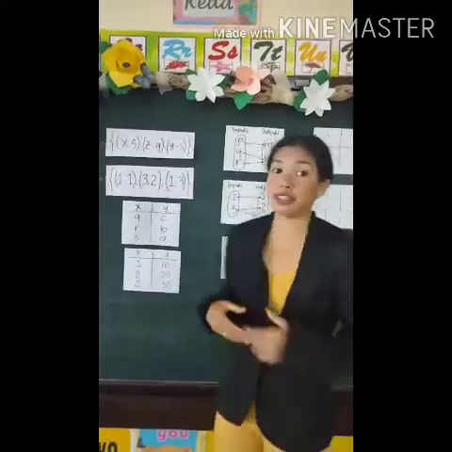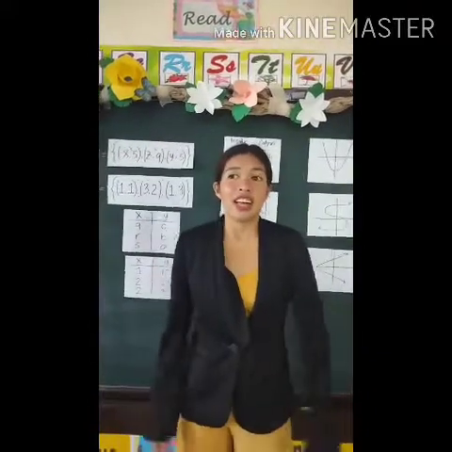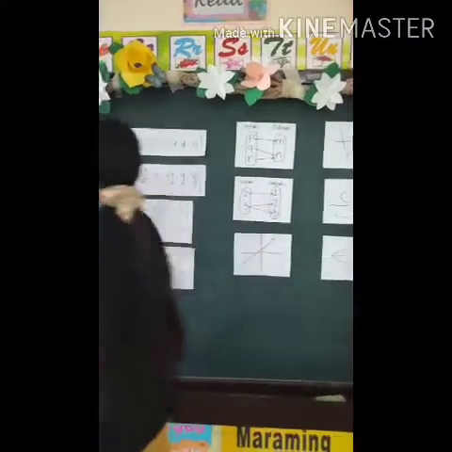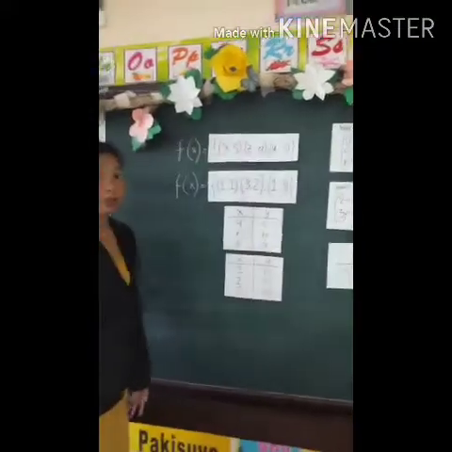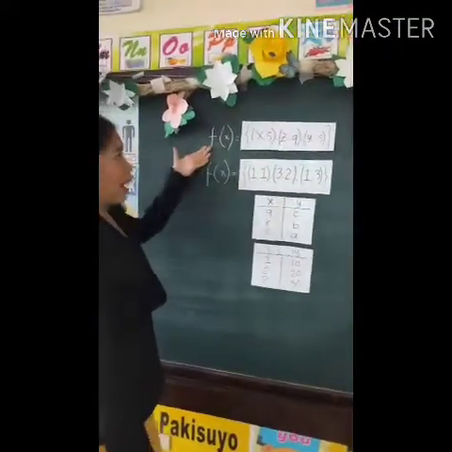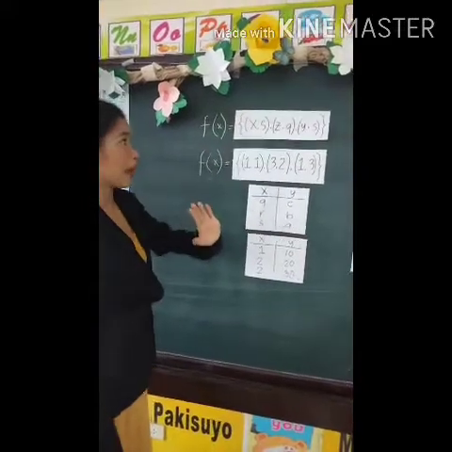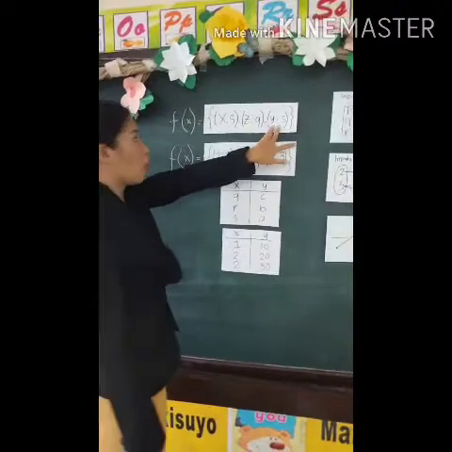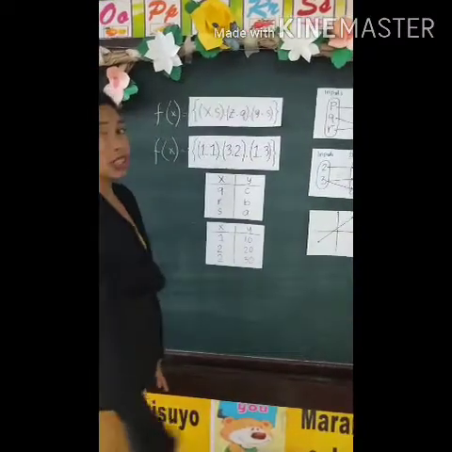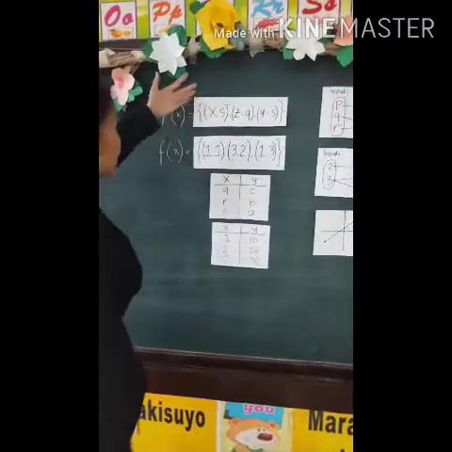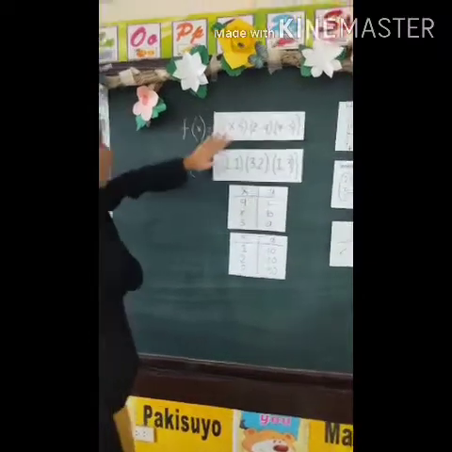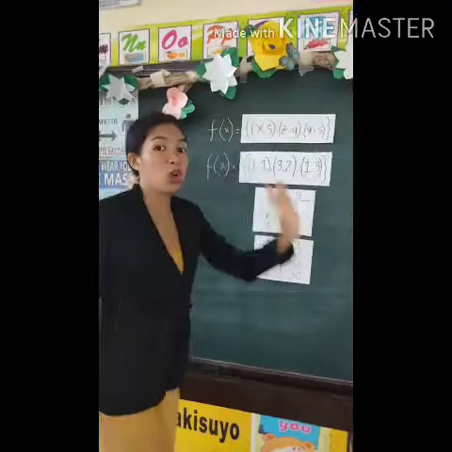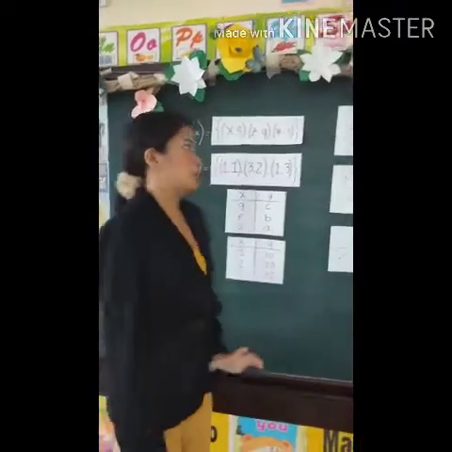So in order to test whether we really understand the meaning of functions, I have here lots of examples so that we can practice. I have here number 1, f(x) is equal to the ordered pairs (x, s), (z, q), and (y, s). As we can see, they have different inputs, which are x, z, and y. There is no repeated value.